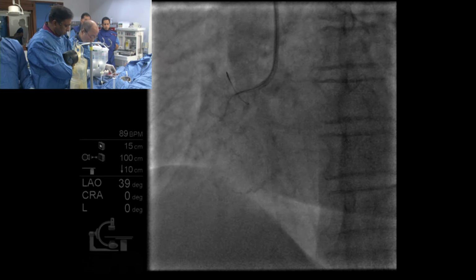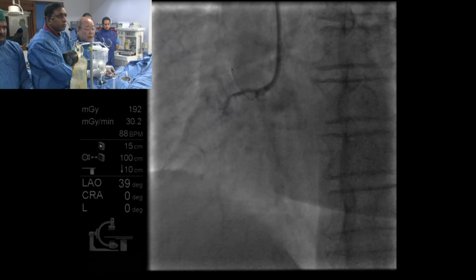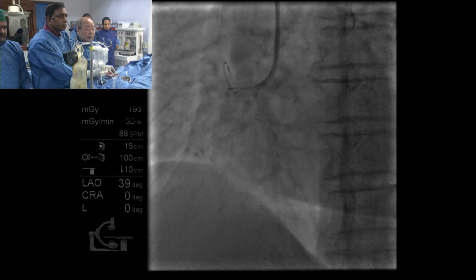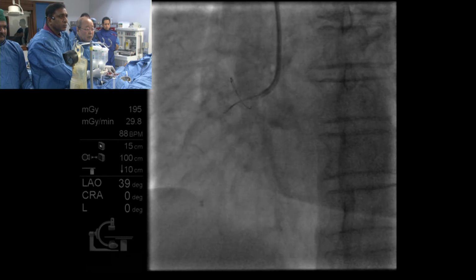Looks like Dr. Saito's wire is going somewhere. No, this is not a good route. You think there's a branch, right? I'm advancing the microcatheter, but cannot do it.